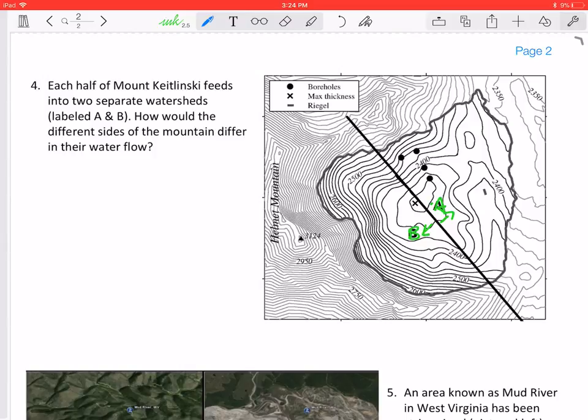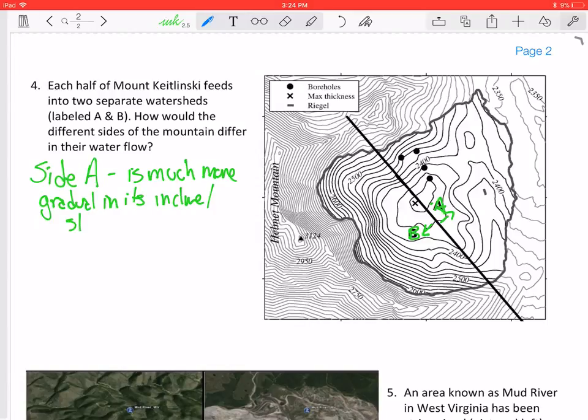So really what I was looking for is for you to tell me that side A is much more gradual in its incline or steepness.